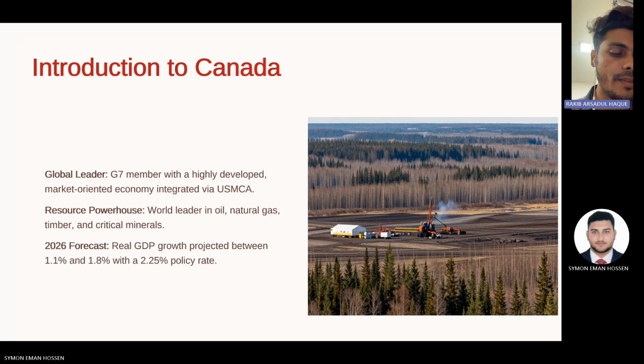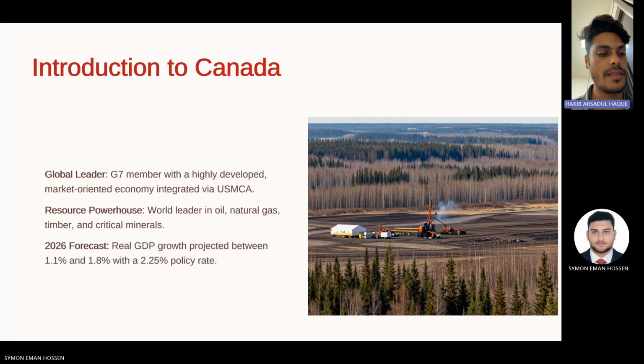GDP forecast. Current projection of 2026 real GDP growth is between 1.1% and 1.8%. While this indicates a soft landing following the post-pandemic inflationary period, the economy continues to be anchored by the energy, mining, and agriculture sectors, which provide a buffer against global volatility but also expose the nation to the commodity price cycle.